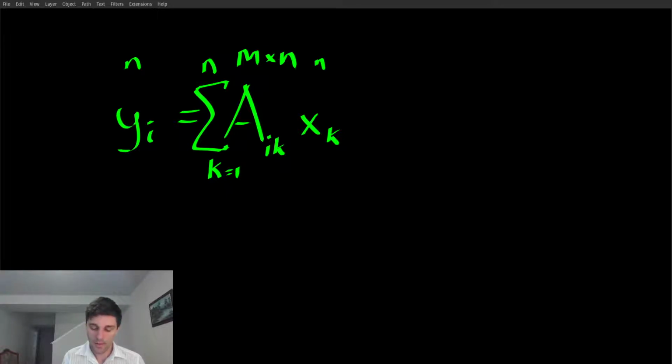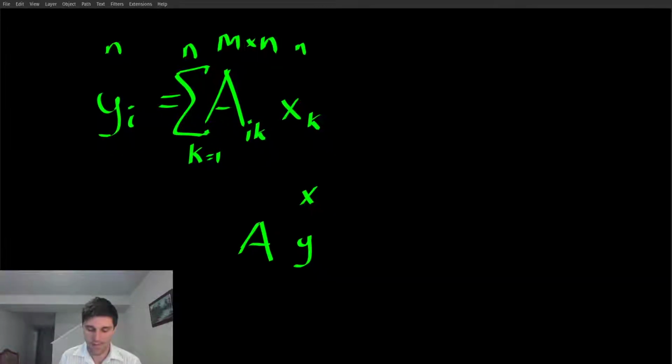I find it helpful, the book actually doesn't do this, but I find it helpful when I'm drawing these to draw them out where I'm going to put A on the bottom left, and then I'm going to put x up here, and then I'm going to put y down here. I'm going to show you what I mean by that.